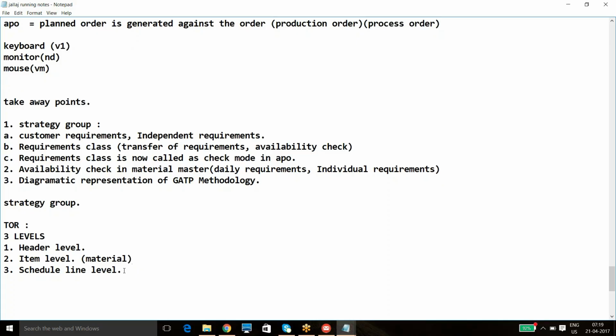And the schedule line level, so let us say in a business scenario where you expect partial confirmations, those can also be considered in your processing. So even at the schedule line level, you can expect TOR to be there. What I try to say is that you expect the schedule line level only where you expect your order can be partially confirmed.